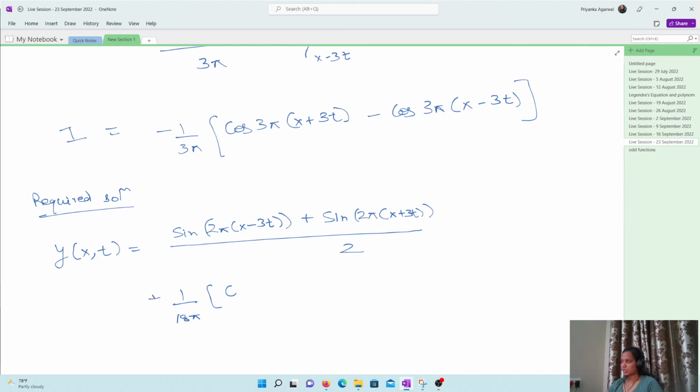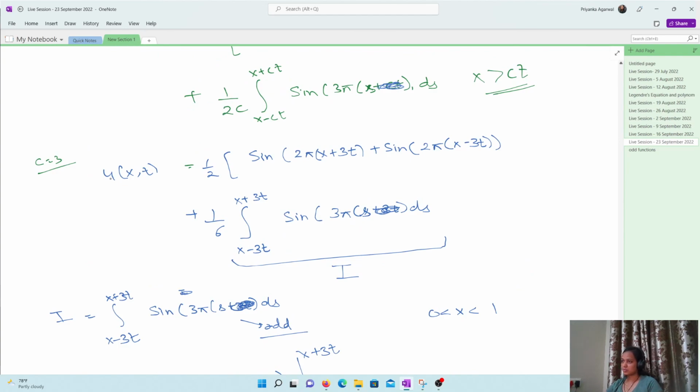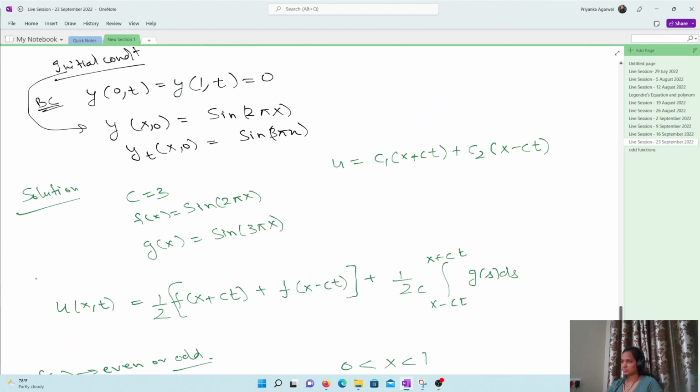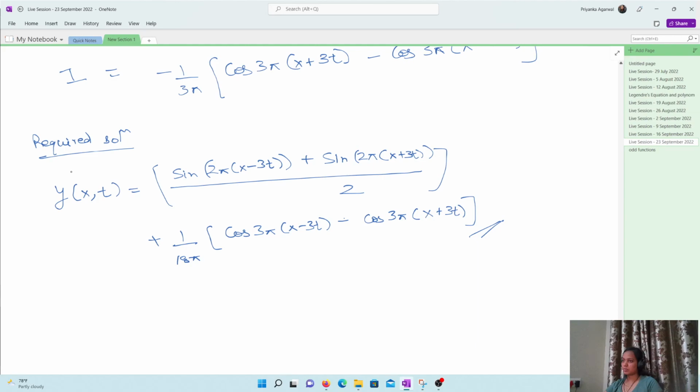You can also make it plus here and write that term as cos 3π(x − 3t) minus cos 3π(x + 3t). So this is the solution, this is y. Yeah, so this is the required solution.